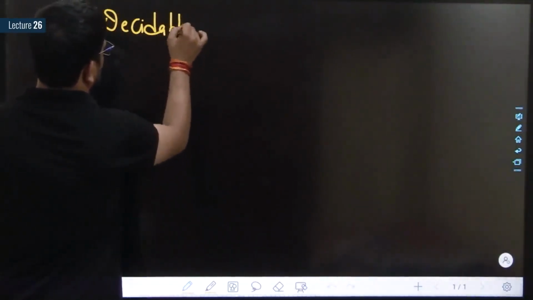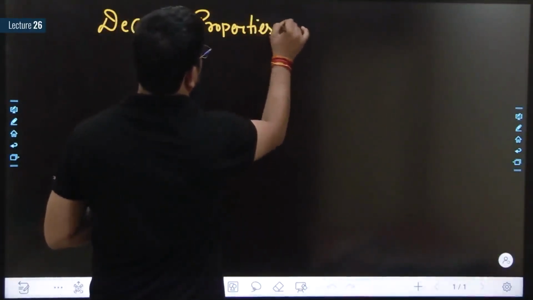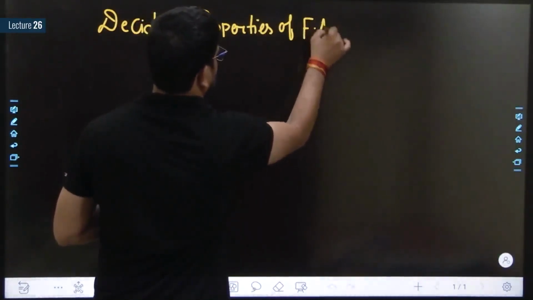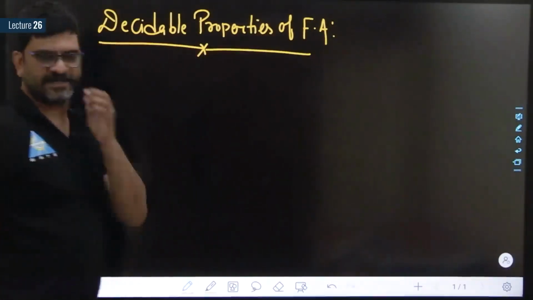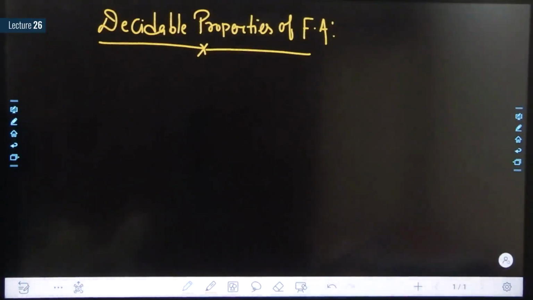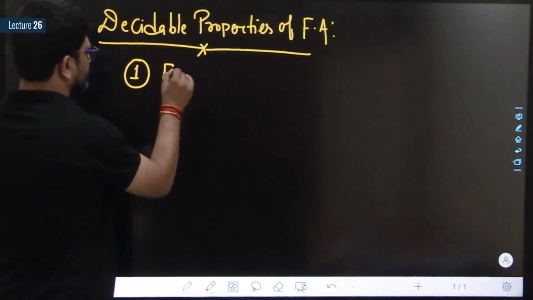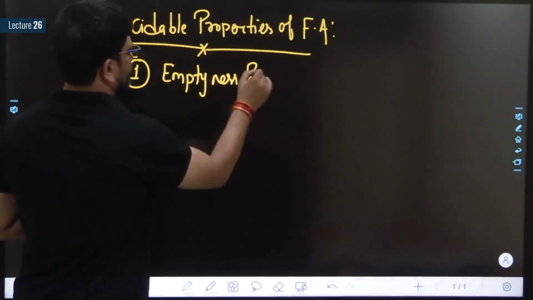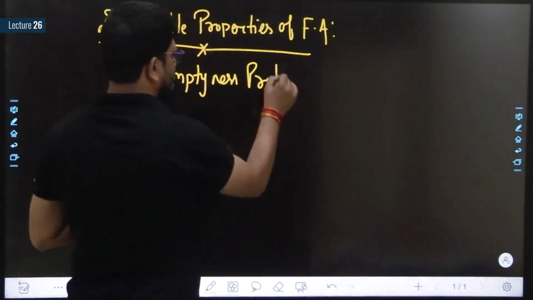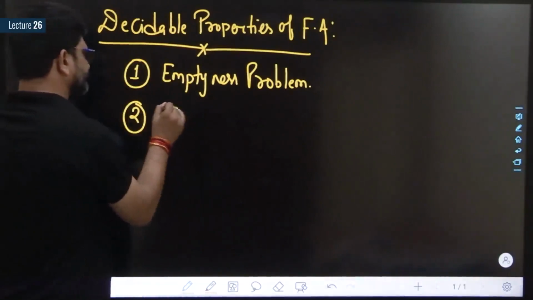Decidable properties of finite automata. There are 5 properties that are decidable in finite automata. First is emptiness problem. It is decidable in finite automata. Second is finiteness.